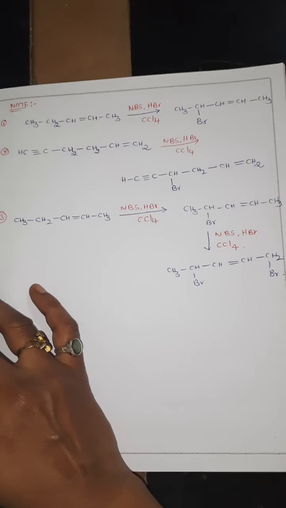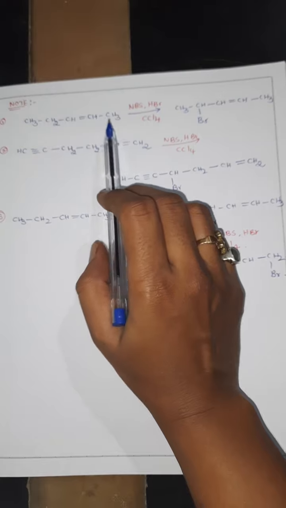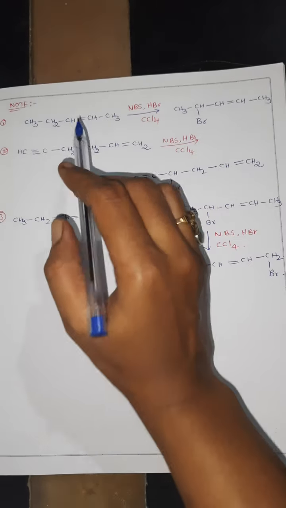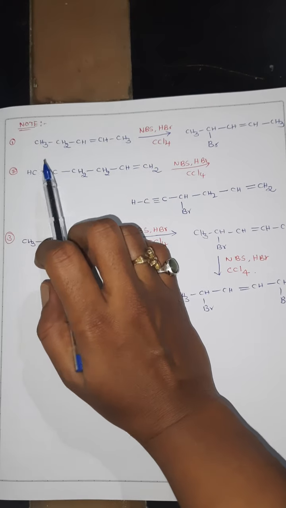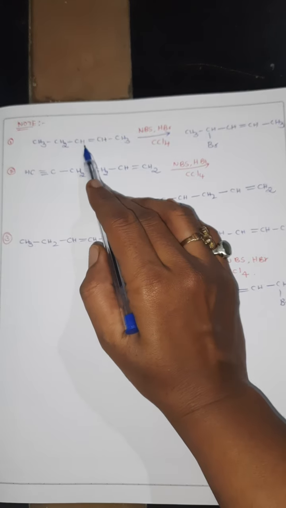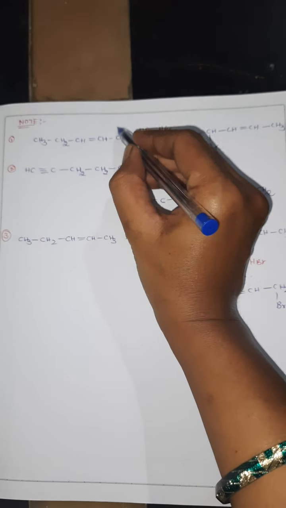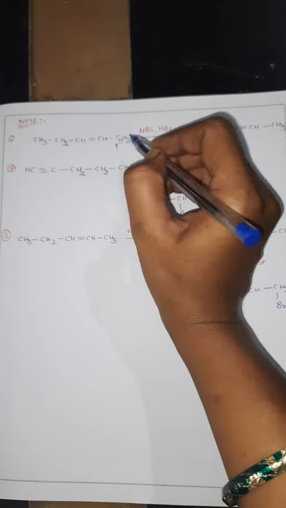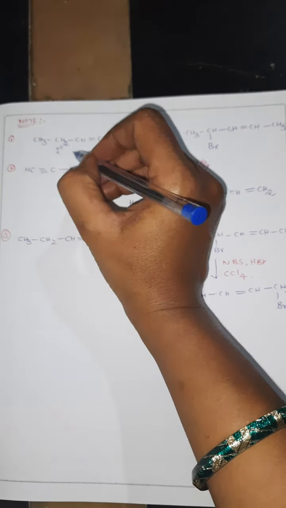In this example, I take 2-pentene. In this molecule, on one side the allyl position is a primary carbon and on the other side the allyl position is a secondary carbon.